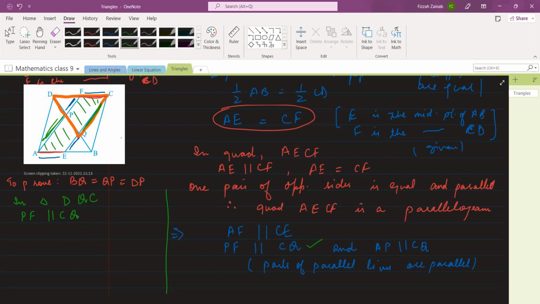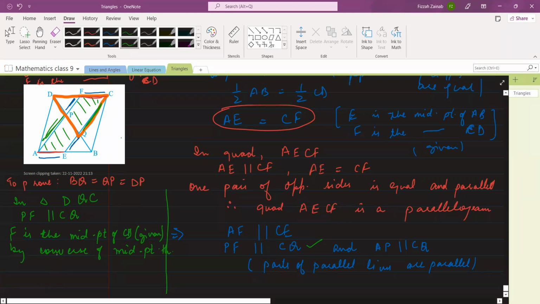And it is given that F is the midpoint of CD. This is given. So by the converse of the midpoint theorem, what can I say? By converse, I can say that P is the midpoint of DQ. Remember, Jocelyn?